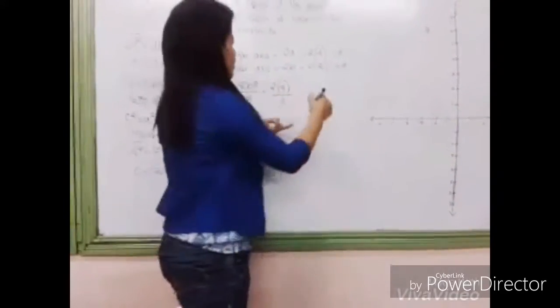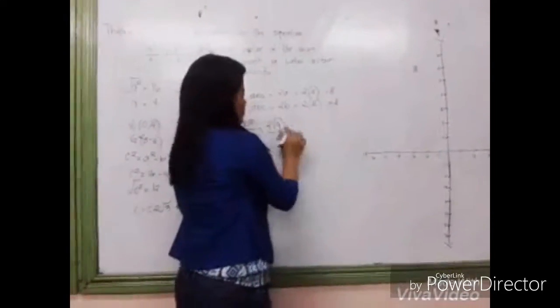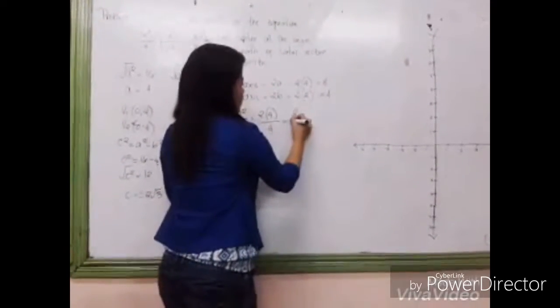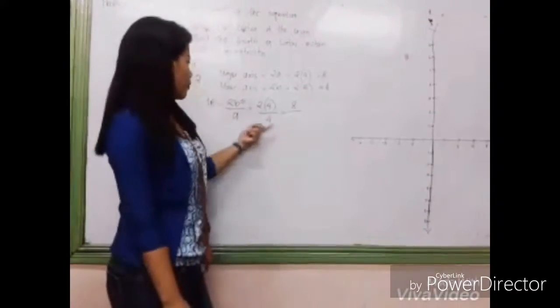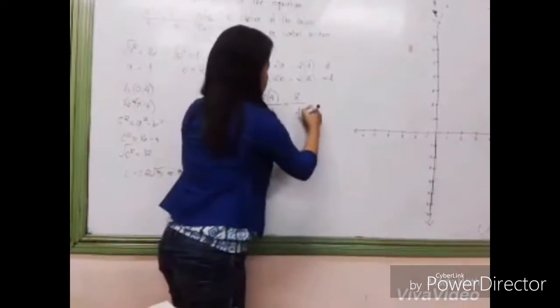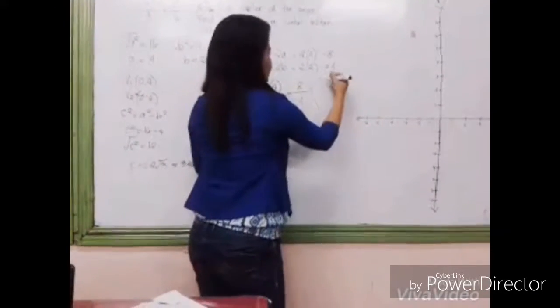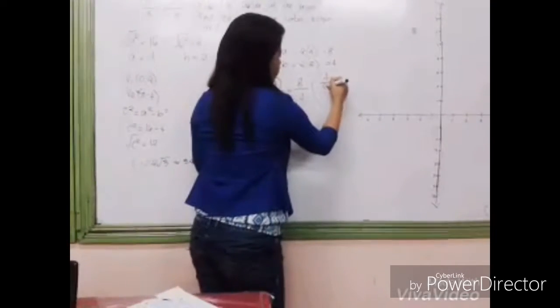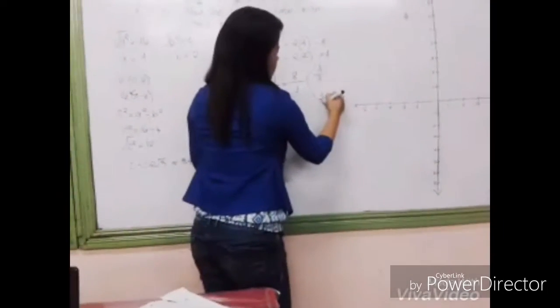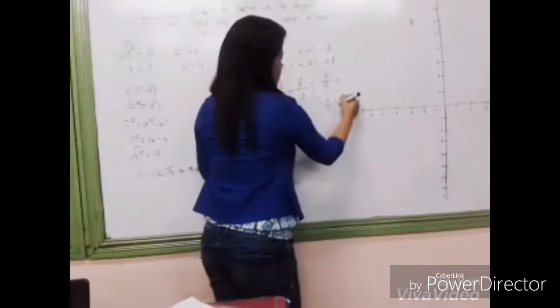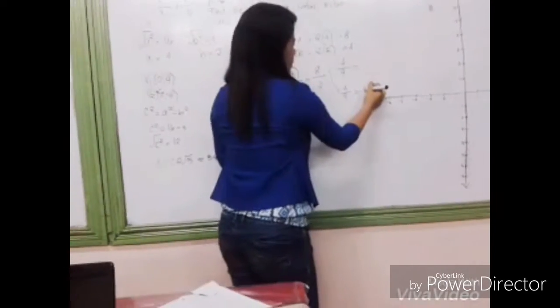So let us multiply: 2 times 4 is equal to 8, and copy the value of a, which is 4. So we have 8 over 4, which is equal to 2.